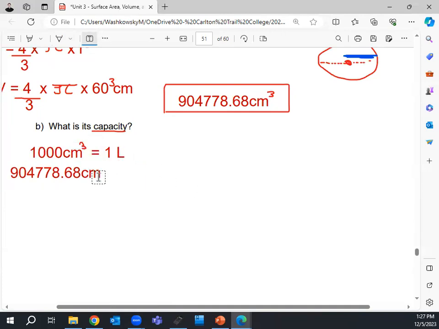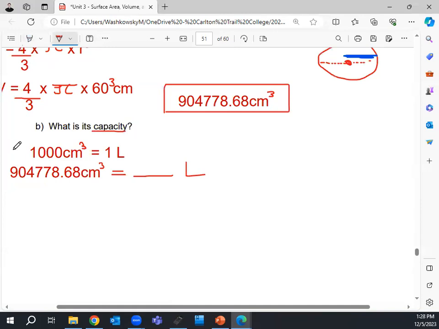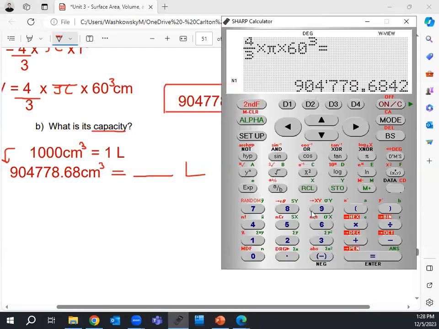You could just divide by 1,000. If I want to know how many liters that is, all I need to do is take this number and divide it by 1,000. You could also do that little arrow thing, like 1,000 times some magical number will give me this, and that'll work for the liters as well. Either's going to work. I'm just going to divide it by 1,000.